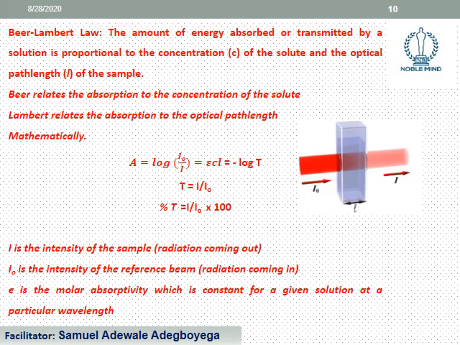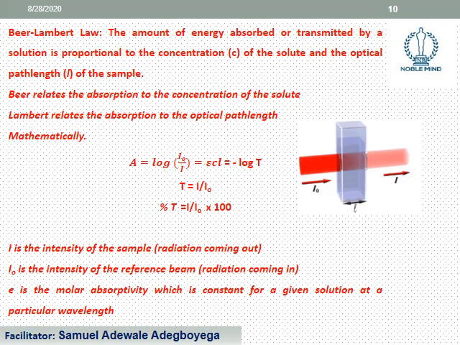Look at the figure here. You see the incident light. The intensity of this light is higher. It is made to pass through a cuvette. This cuvette has a path length called L, and after the matter has interacted with the light, you see the intensity of light being transmitted is very low compared to the intensity of light that enters into the sample.